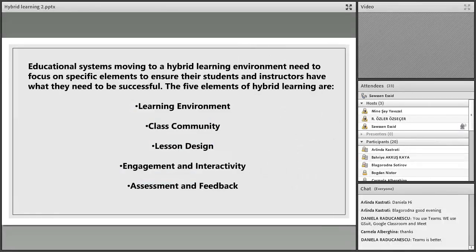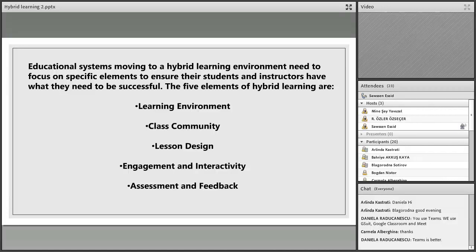Yeah, okay. Now we are going to see the key elements, as I call them, when we are moving to hybrid learning. What do we need to focus on, and what do we need to take into consideration? There are 5 elements, as you can see on the slide.